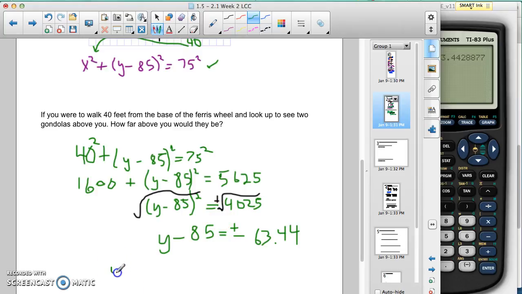So you're going to get y equals 85 plus 63.44, and y equals 85 minus 63.44, because it's plus or minus.